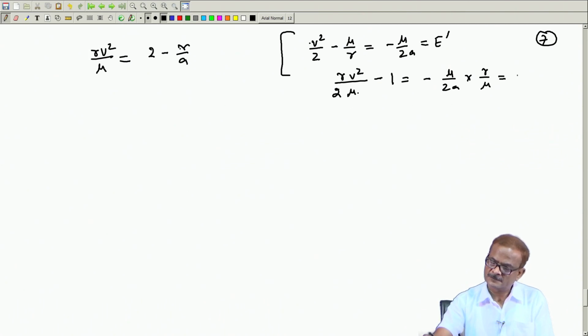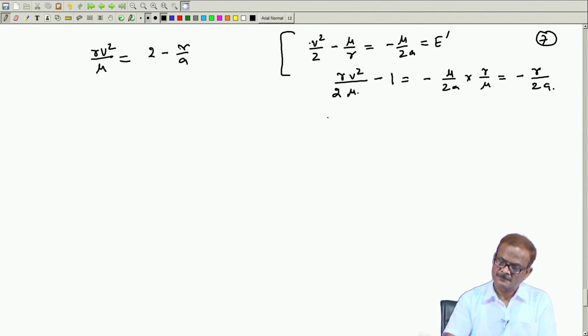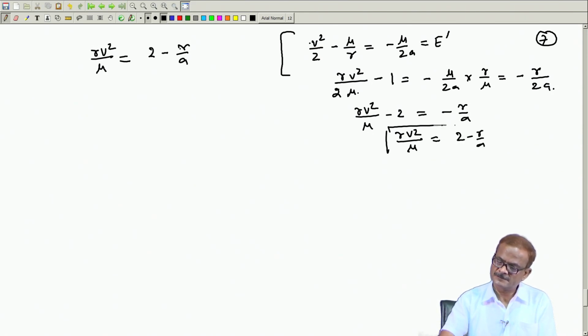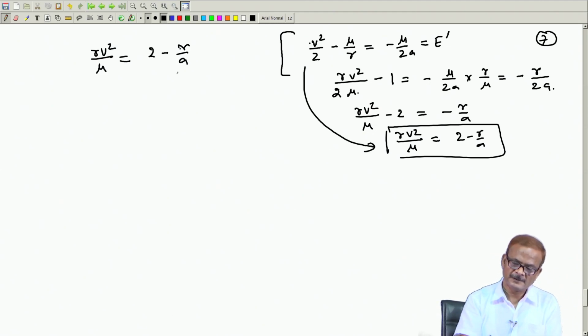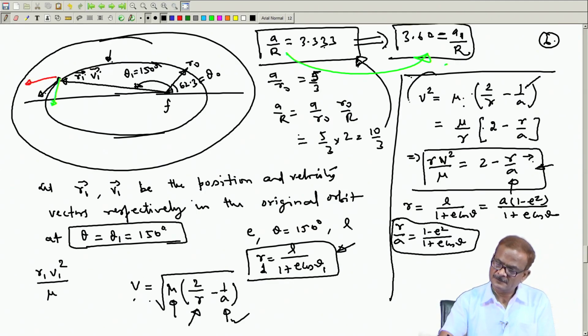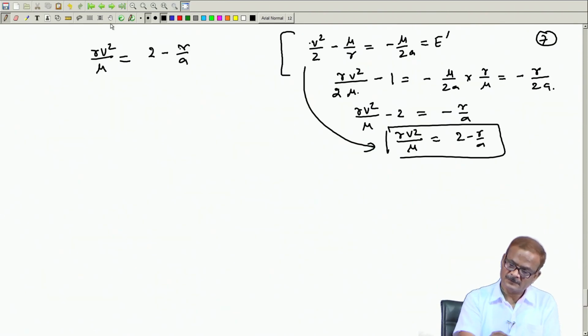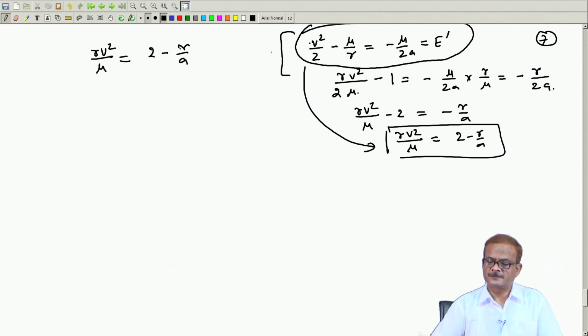Mu cancels out, this is minus r by 2 a, and therefore, r v square by mu minus 2 becomes minus r by a, which is nothing but r v square divided by mu equal to 2 minus r by a. So, this is the same energy equation we have used. Any time you do not remember this equation, you can always derive it from the energy equation. Using this particular equation you can always work it out.